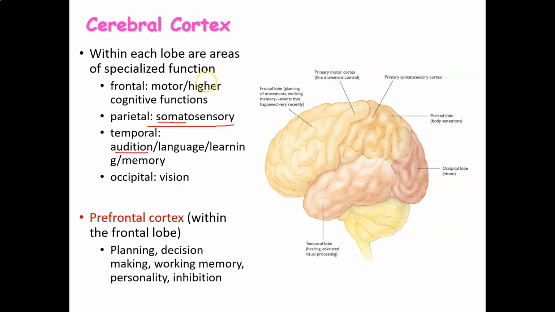Within the frontal lobe, earlier I mentioned higher cognitive functions. The frontal lobe houses a really important and the most evolved structure called the prefrontal cortex. The prefrontal cortex is located right here. The reason why it's called the prefrontal cortex is because it lives at the very tip of the frontal lobe.